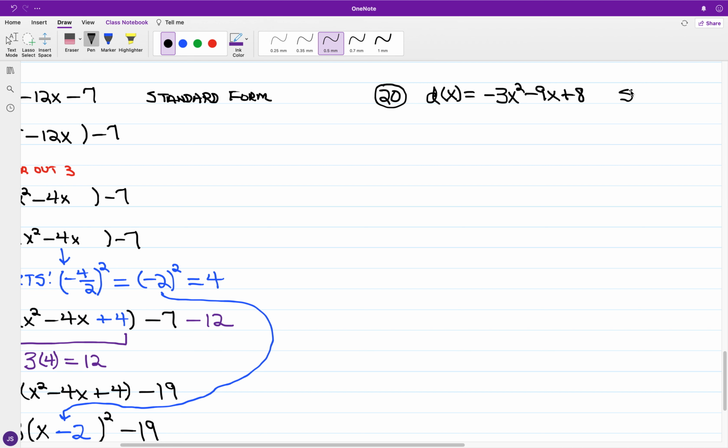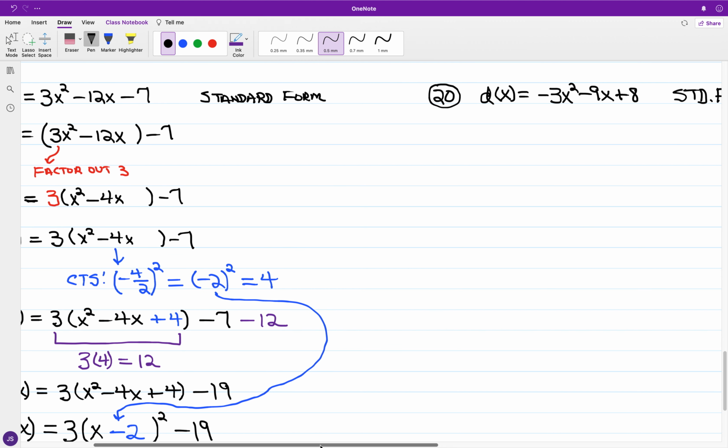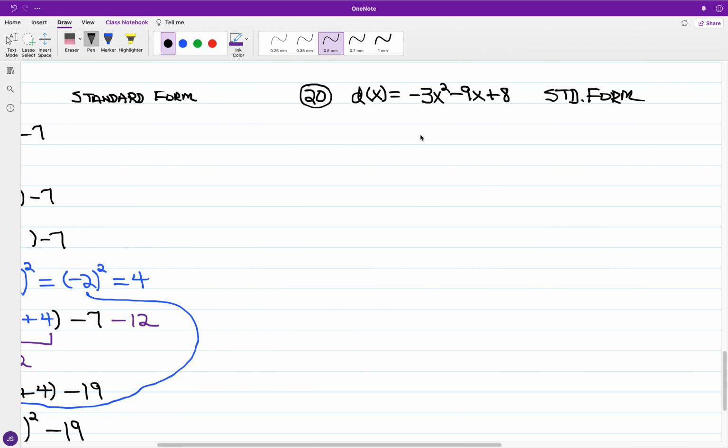Again, this is the standard form. And just as we started out separating the variable terms apart from the constant for p of x, we can do likewise with d of x. So you have negative 3x squared minus 9x. Those are the variable terms.